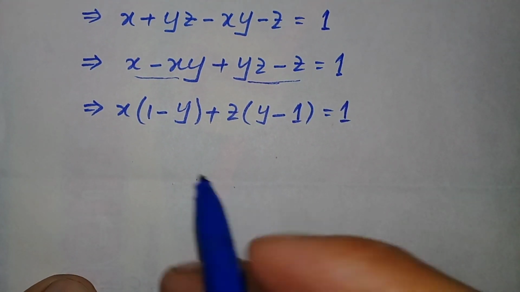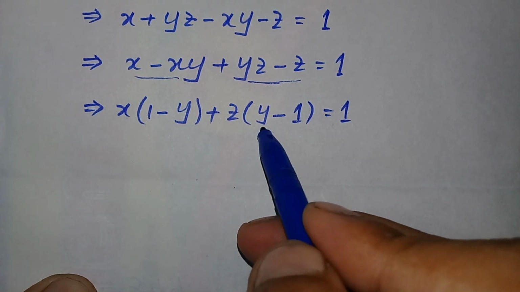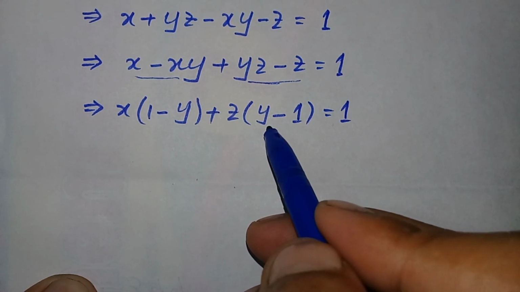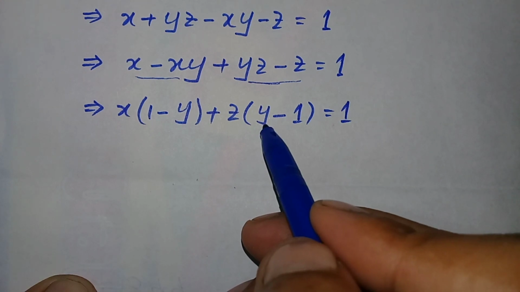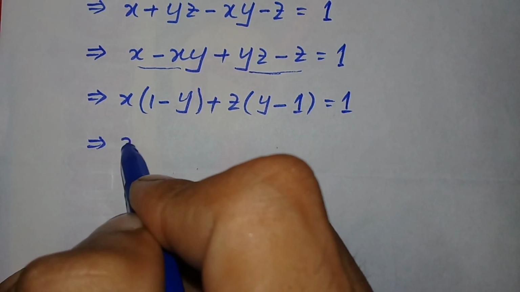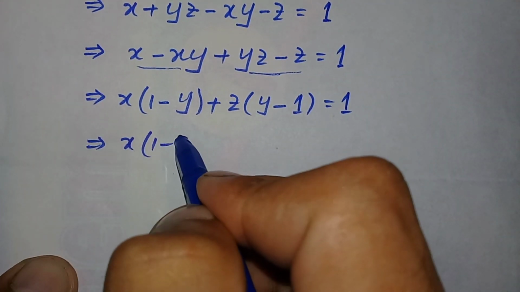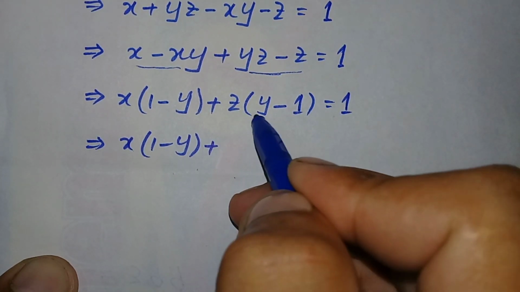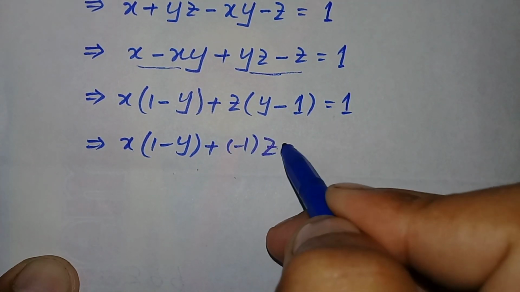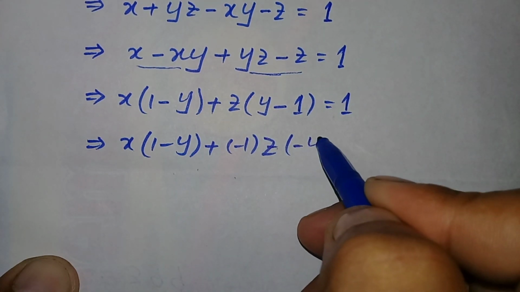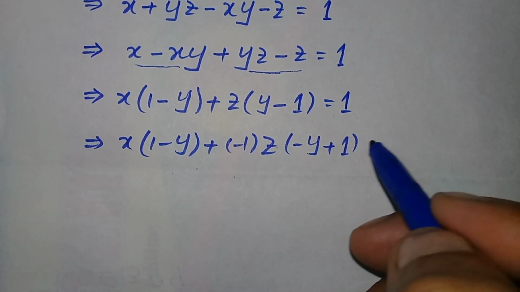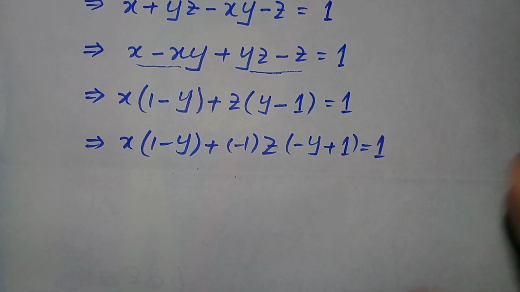Now my dears, as we are looking, 1 - y and y - 1 are like terms, just with a difference of the negative sign. So we will take minus 1 common from this term, so it will become x(1 - y) - 1 times z, so this term becomes negative and this term becomes positive, equal to 1.